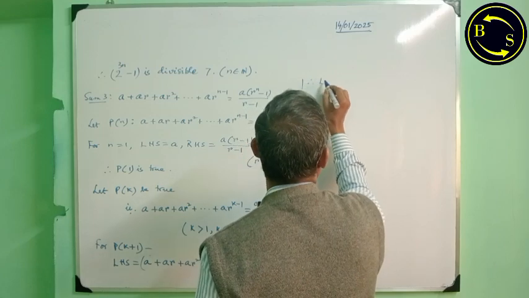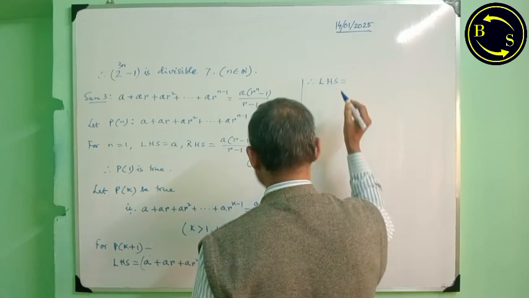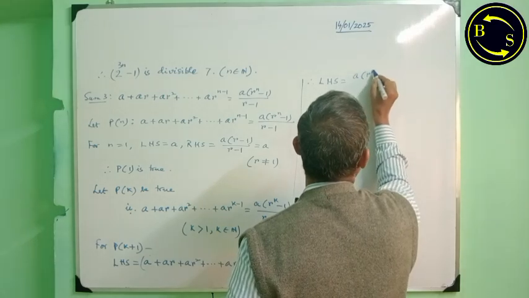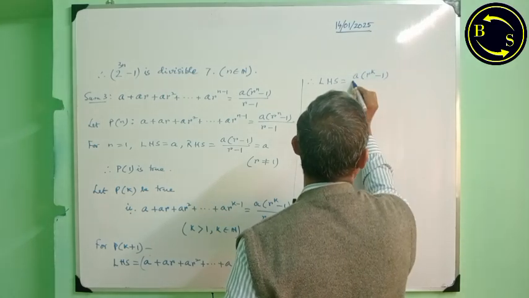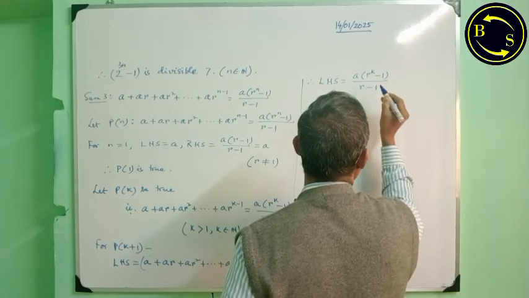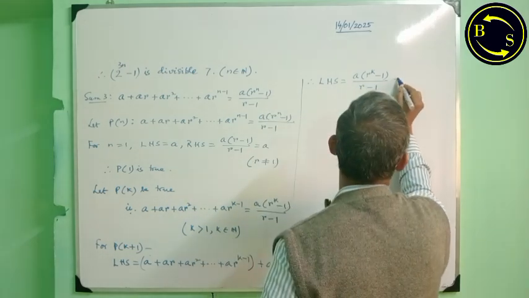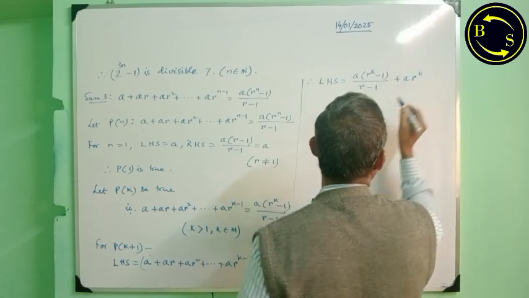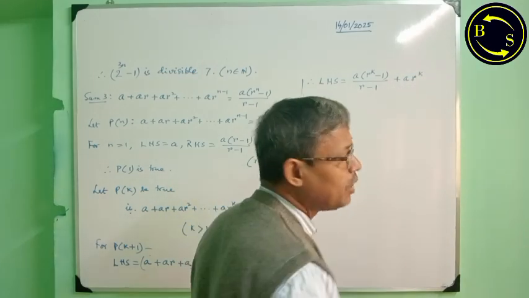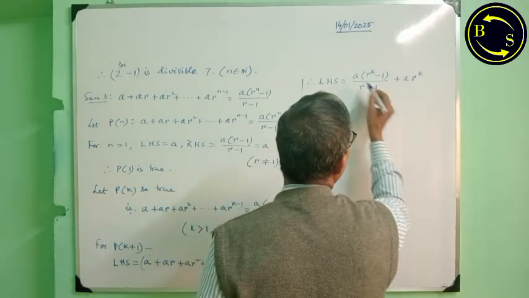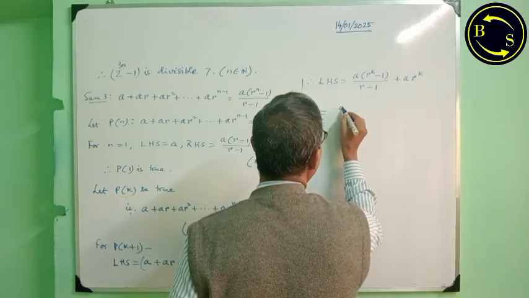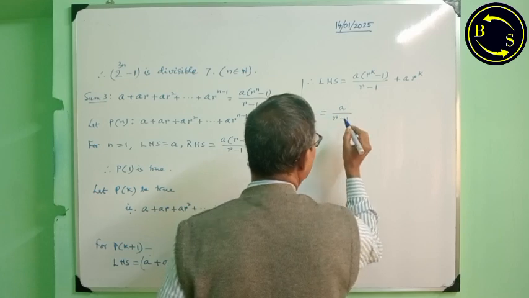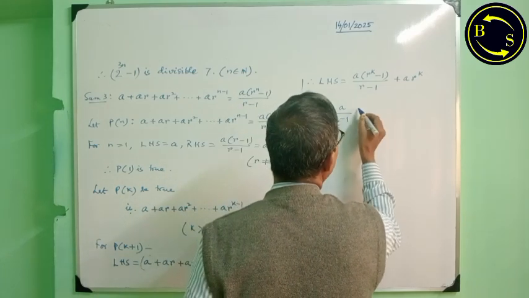Therefore, LHS is equal to A within brackets R to the power k minus 1 by R minus 1 plus AR to the power k. Now we simplify. We find A is common. I take this one also as common factor.